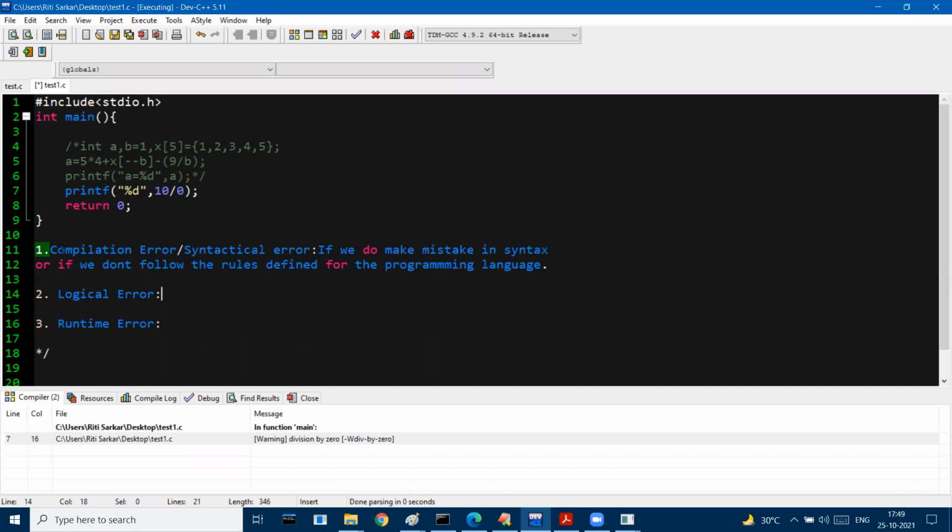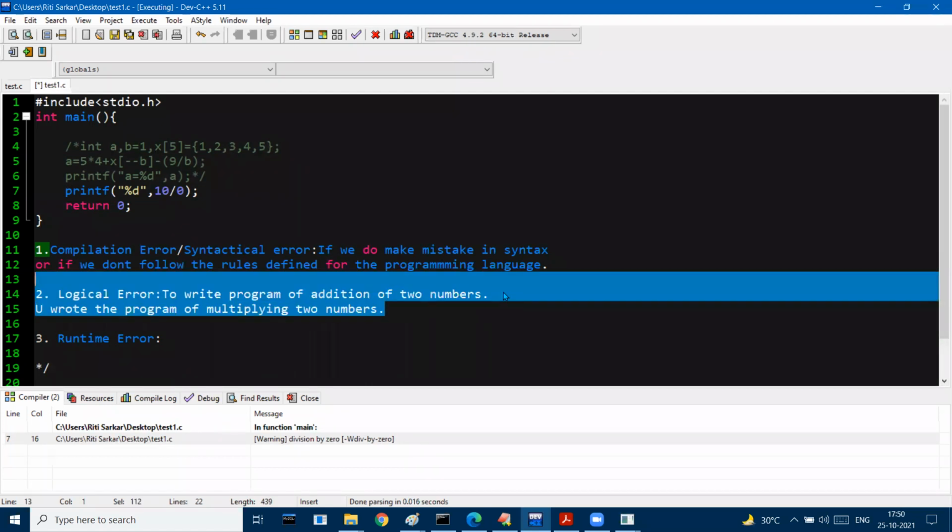What is a logical error, guys? Suppose I ask you to write a program for addition of two numbers, but you didn't understand the logic of addition, and you wrote a program for multiplying two numbers.